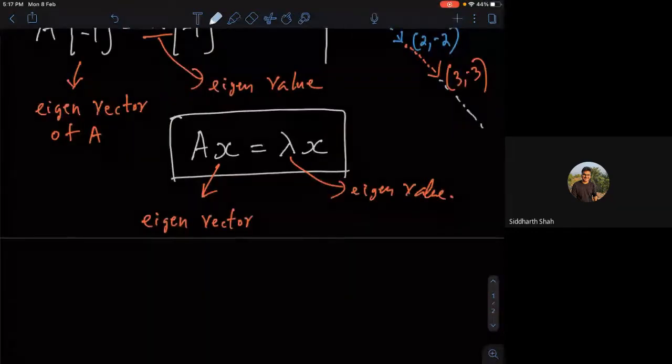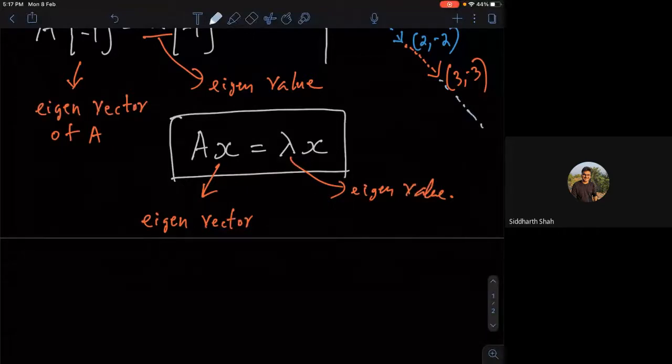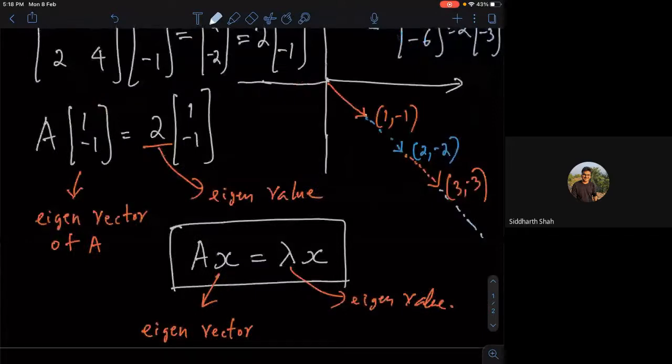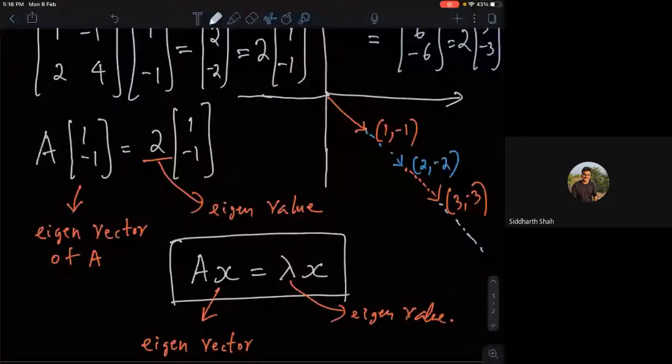Now, what is the next thing? The next question is, I'm given a matrix A, and I am asking you to find out. The first thing you will soon see, or maybe some of you already know, is that this is not the only eigenvector and eigenvalue of this matrix.